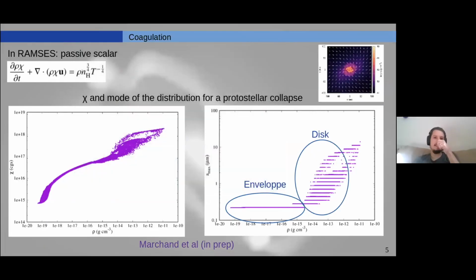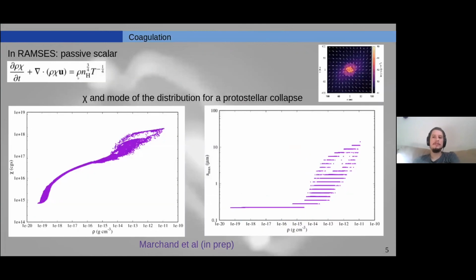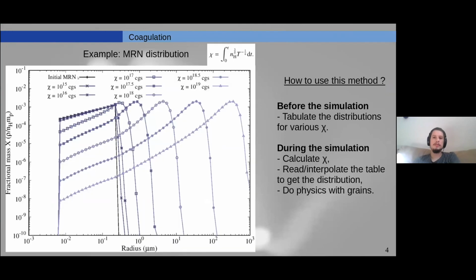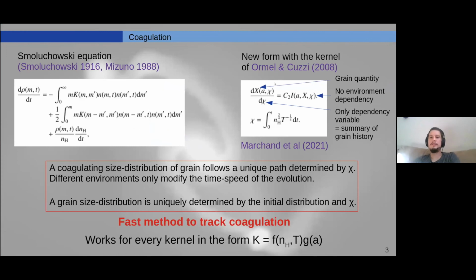Yeah, so the way we did it, let me share again, is that in the Smoluchowski equation, this one is a Lagrangian derivative of chi, and so yes, chi depends on the grains and follows the path of the grains and summarizes the history of the grains.